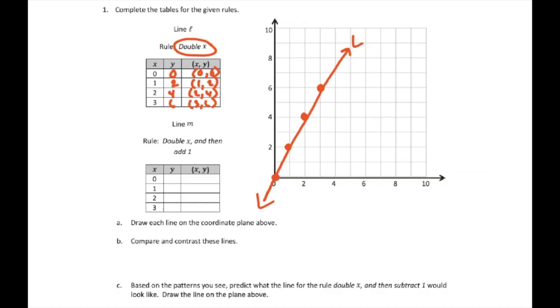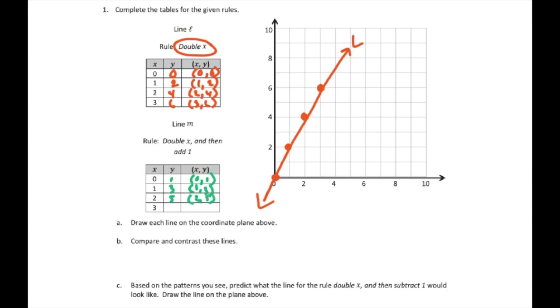Very nice. Now we move into line M. The rule for line M now says double x and then add 1. So 0 times 2 is 0 plus 1 is 1. 1 times 2 is 2 plus 1 is 3. 2 times 2 is 4 plus 1 is 5.